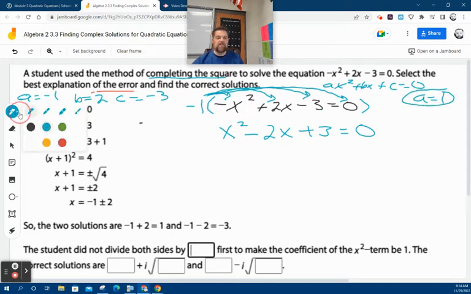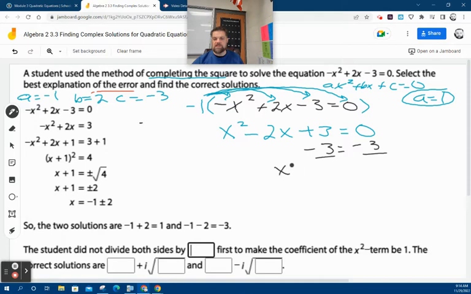So now that I have that, the next step would be I'm going to move C over to the other side. So I subtract 3 from both sides. Okay. And I get x squared plus, minus 2x is equal to negative 3. So from this point on, all the work is wrong because they did not multiply by negative 1.